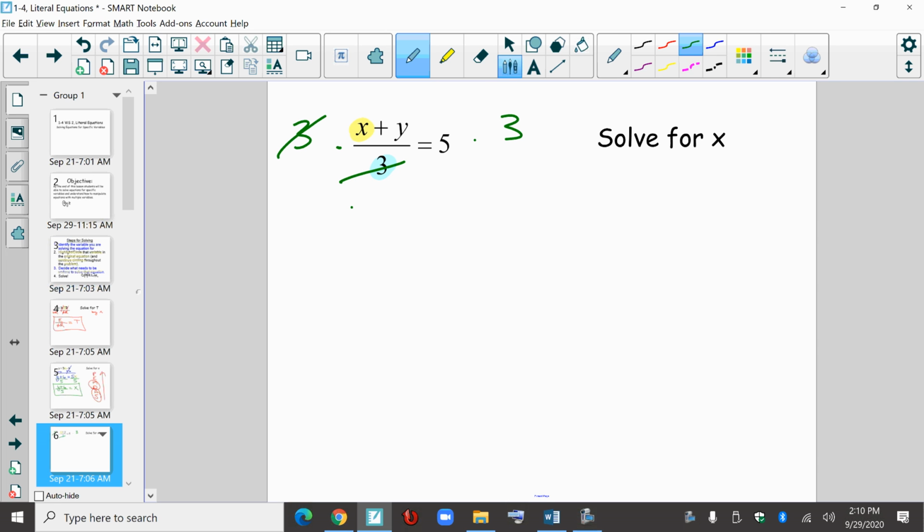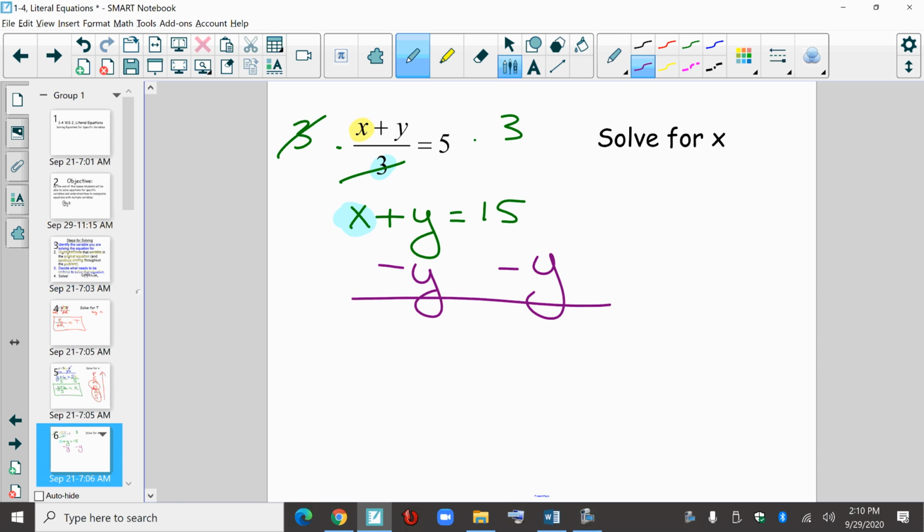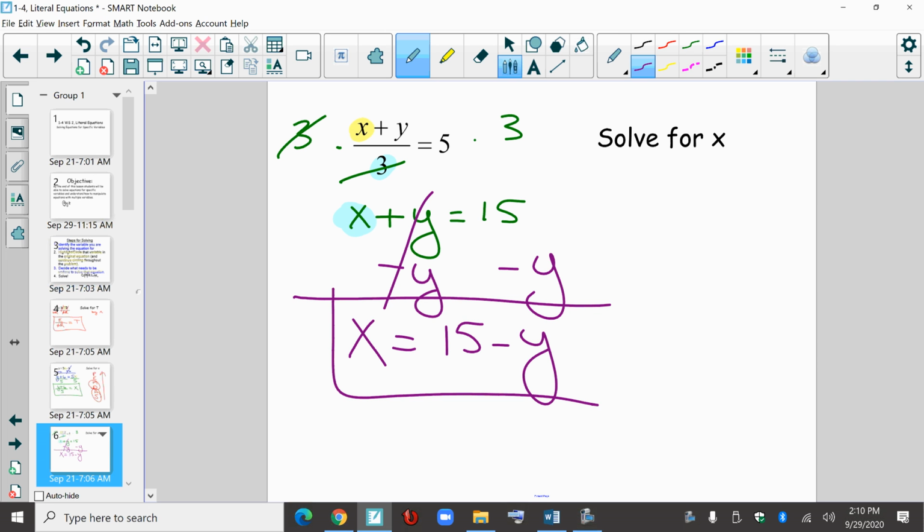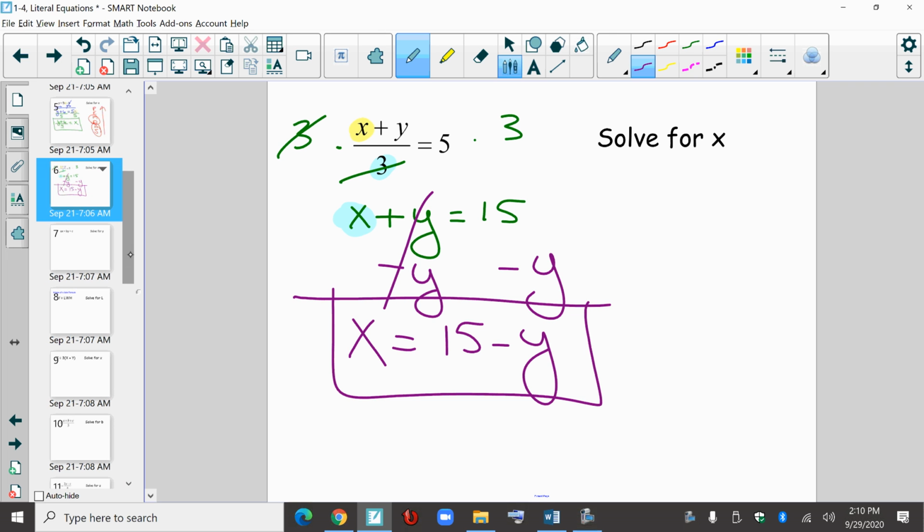The 3's go away and you're left with x plus y is equal to 15. Now I'm solving for x, so how do I get rid of that y? The way I get rid of that y is by subtracting y from both sides. So x is equal to 15 minus y. Okay?